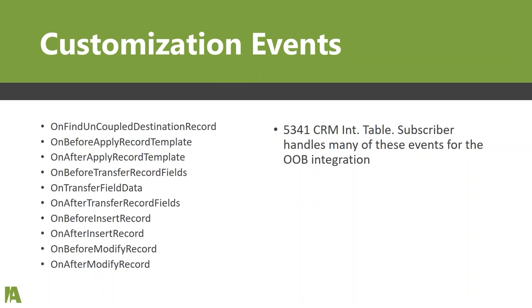So this is an opportunity to do mapping to fields that are not directly on the record itself. An example for this is with Top 10, we wanted to integrate the height and width and depth of products, and those are set up as item attributes.